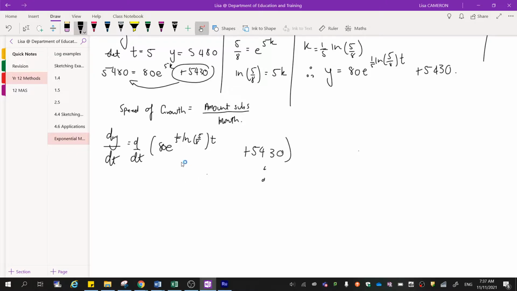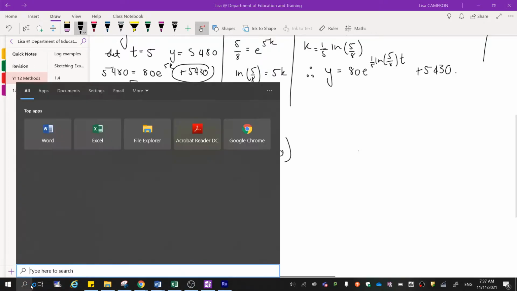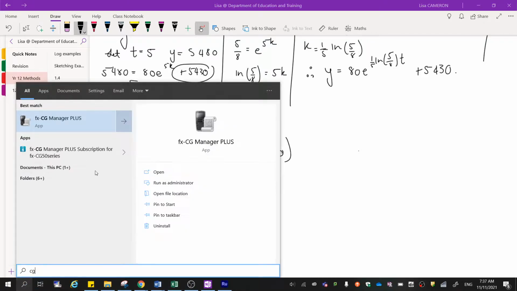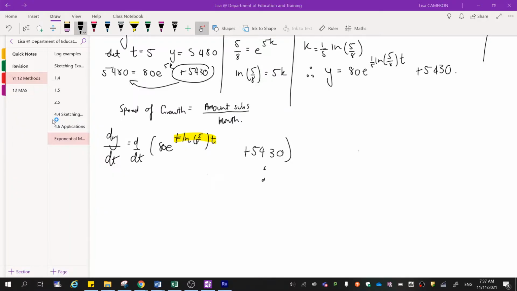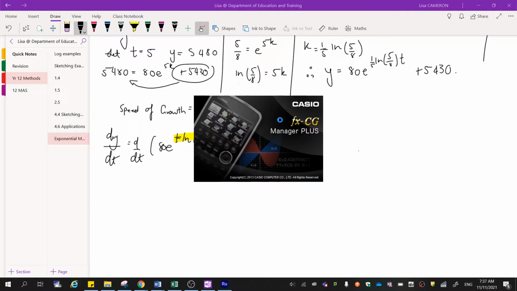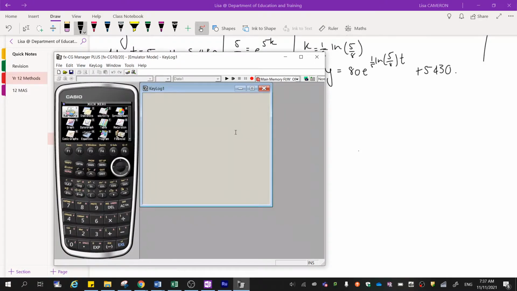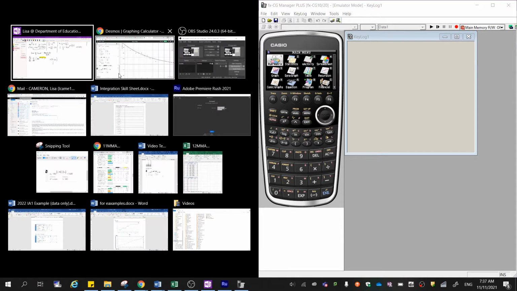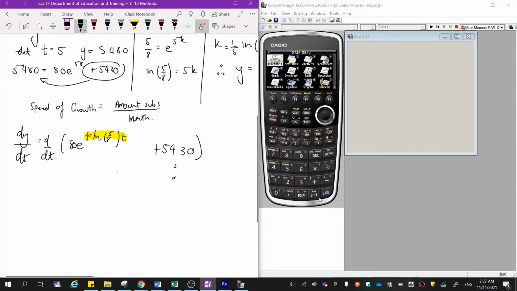When I take the derivative of my exponential function, I'm going to derive this top section here. Now, all of this stuff at the front is just a number. If I put it into my graphics calculator, you'll see it's going to give me a number.